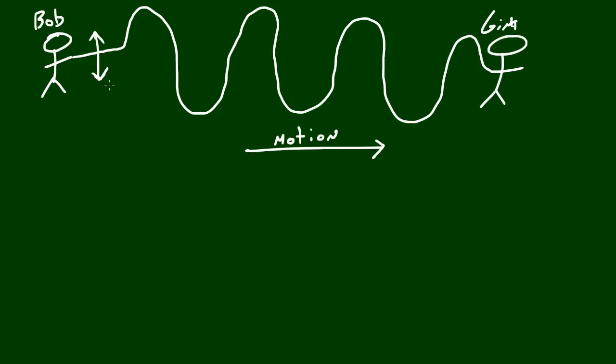And of course, whenever they say vibrations, they're talking about what sort of movement caused this wave. So as you can see, when you moved your arm up and down, it caused the wave to go left to right. That's why they say perpendicular, and that's the definition of a transverse wave.